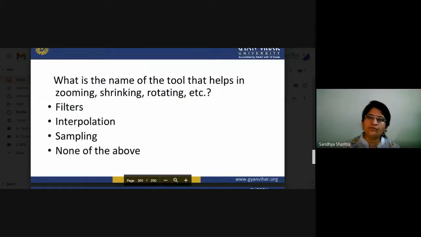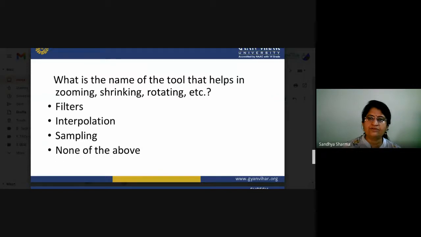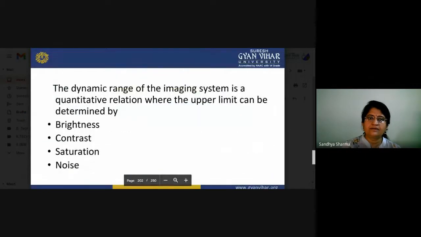What is the name of the tool that helps in zooming, shrinking, rotating? You should also know about these tools. The dynamic range of the imaging system is a quantitative relation whose upper limit can be determined by brightness, contrast, or saturation. So you have to properly read our last topics.